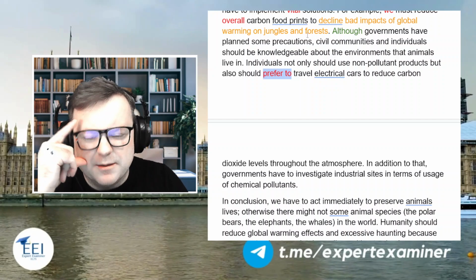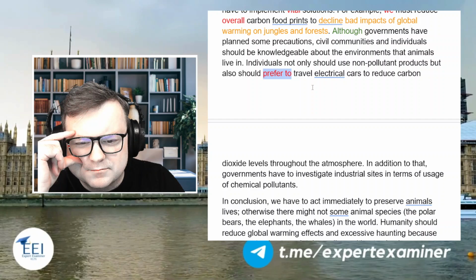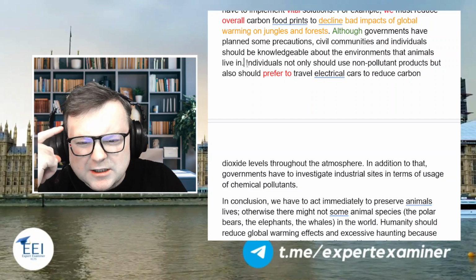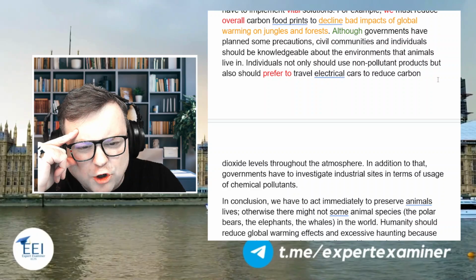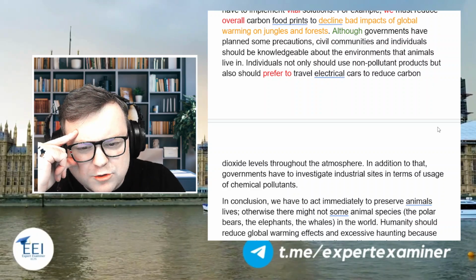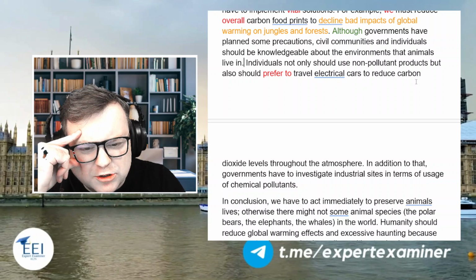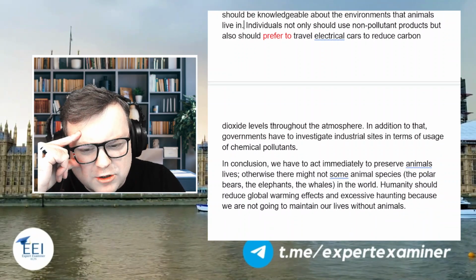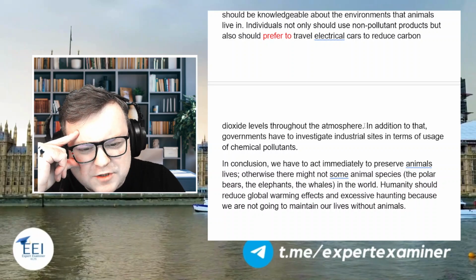Yeah, this is quickly becoming a headache essay where I just have to reread. And individuals not only should use non-pollutant products, but also should prefer to travel electrical cars to reduce carbon dioxide levels throughout the atmosphere.